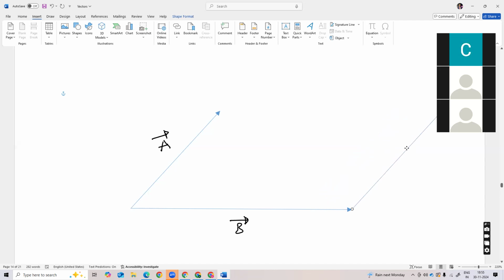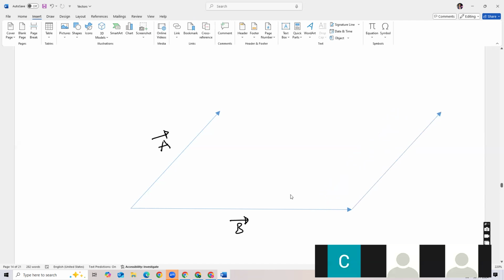Now we will make a parallelogram out of it. So here we have vector B, here we have vector A, and this angle is theta.